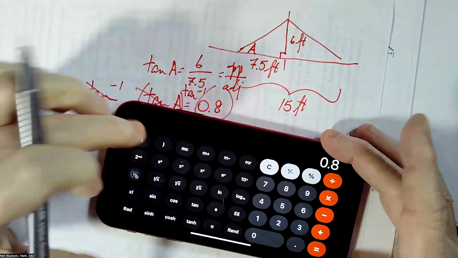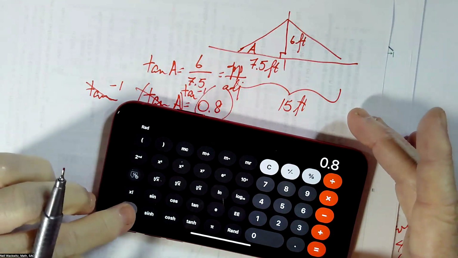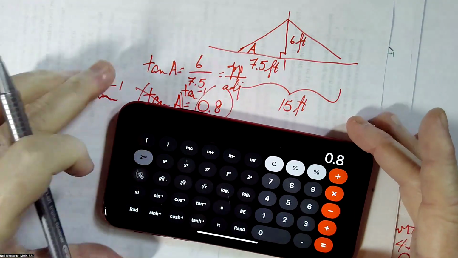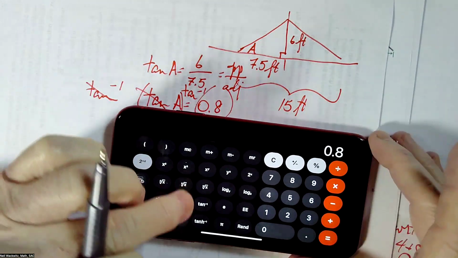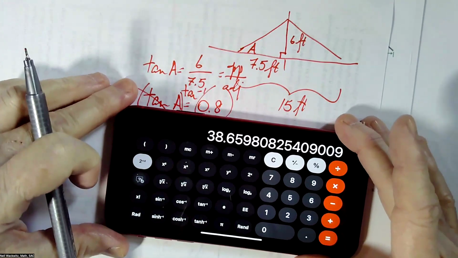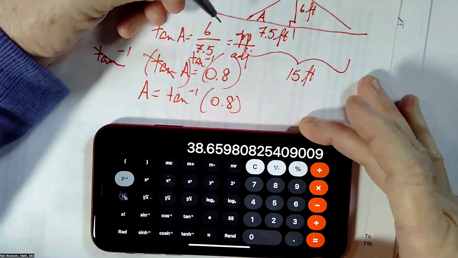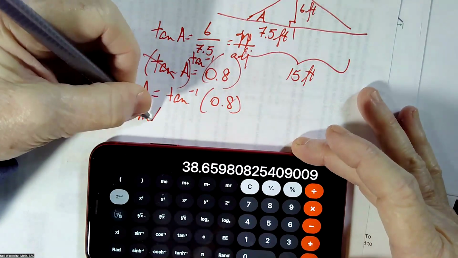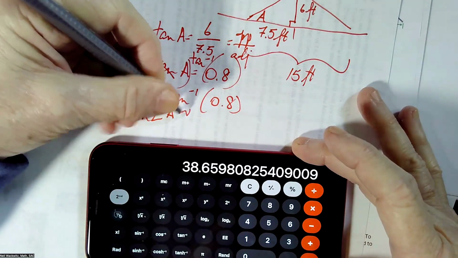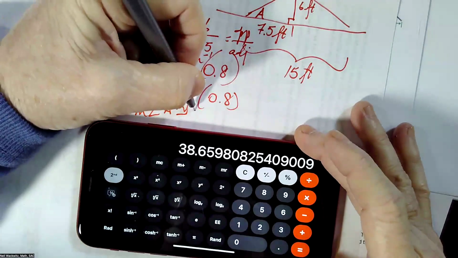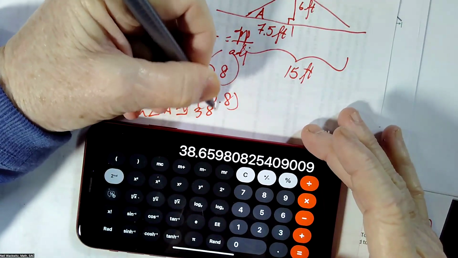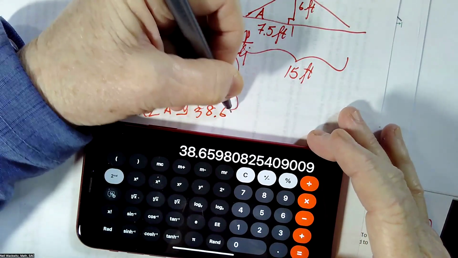I make sure that the radian thing is not there. Second, there's the inverse tangent. I get 38. So let's see. The measure of angle A is approximately, I'm going to do several digits and then round once I see how many.